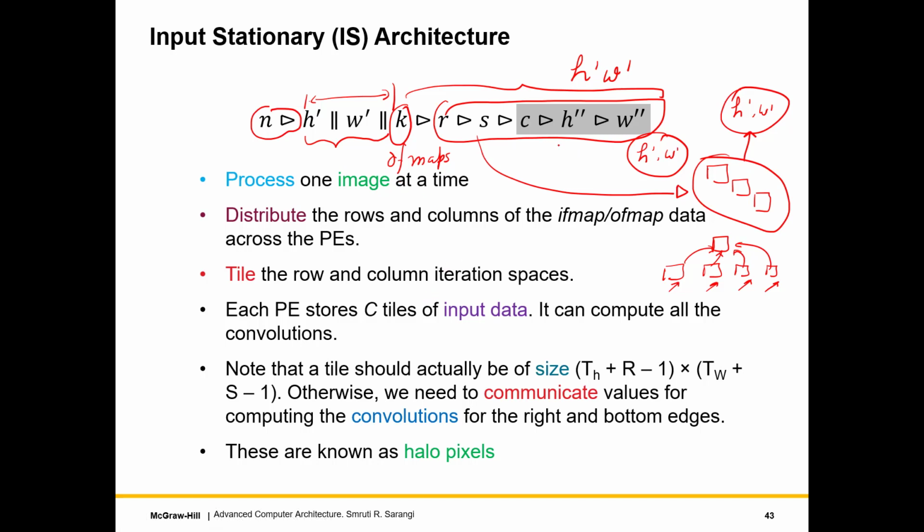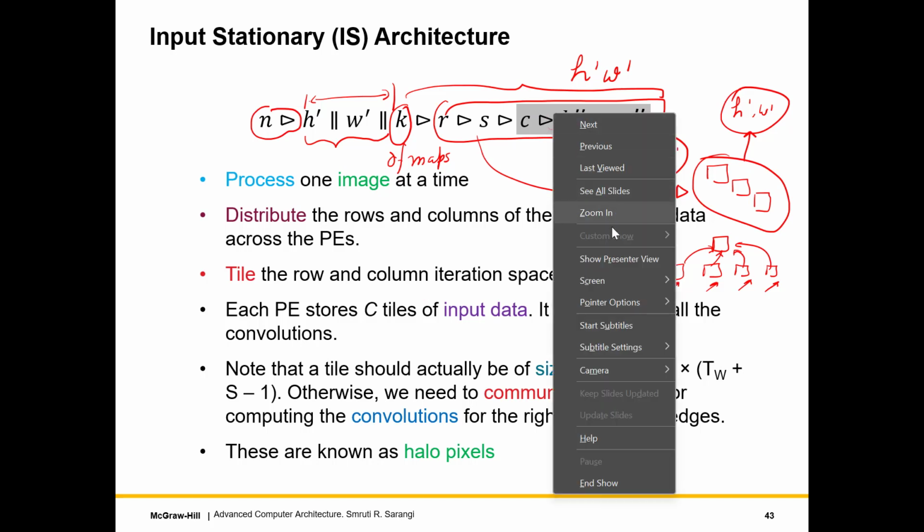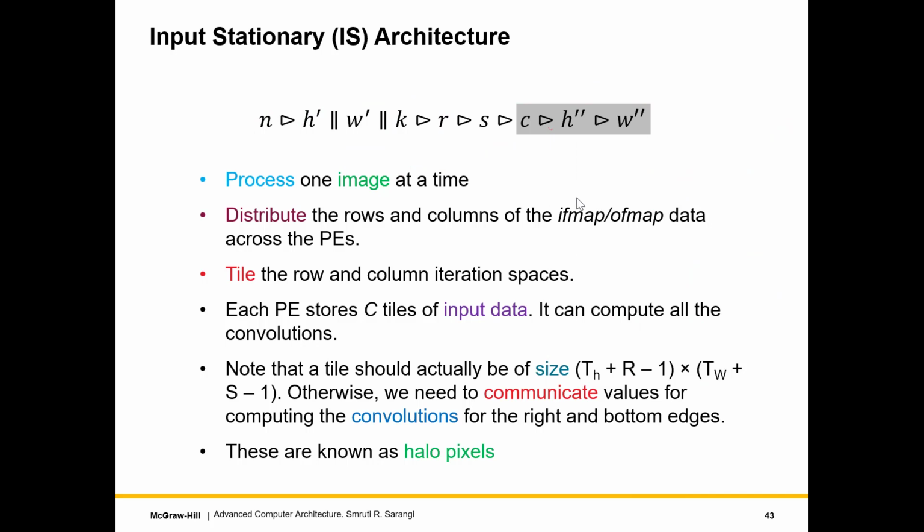This is not very hard, and of course, I'm not saying that this is the most optimal way of doing it. There are other better ways of doing it, as we shall see when we look at the section where this computation is mapped to hardware. But the key point is that we are clearly keeping part of the input tile cached in the P. And once the input tiles are cached, what is it that we have to send?